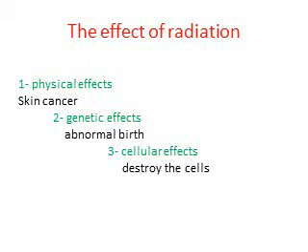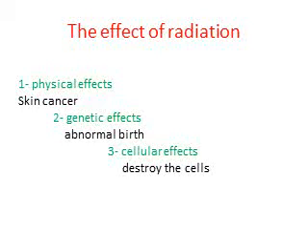What are the effects of radiation? Radiation pollution means increasing the amount of radiation in the environment, and it has many effects. Number one, a physical effect, as it can make changes that appear on living organisms as a result of exposure to radiation, like skin cancer.